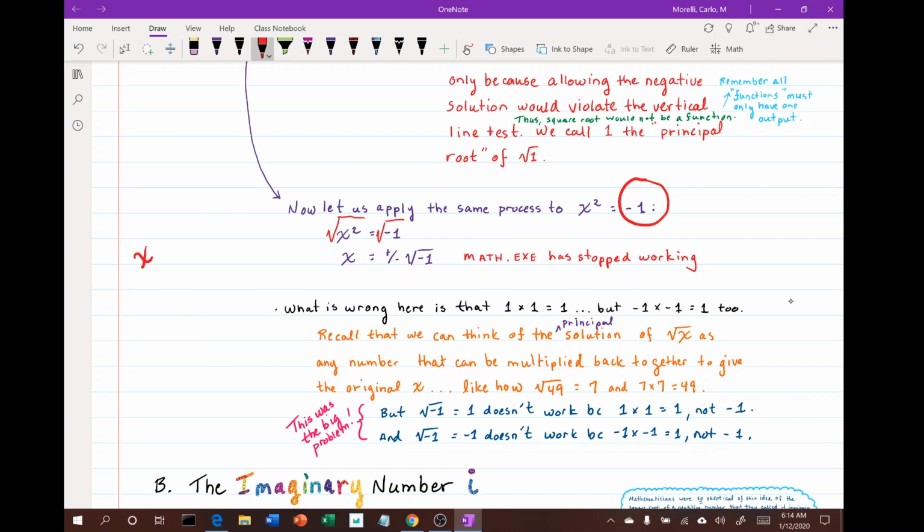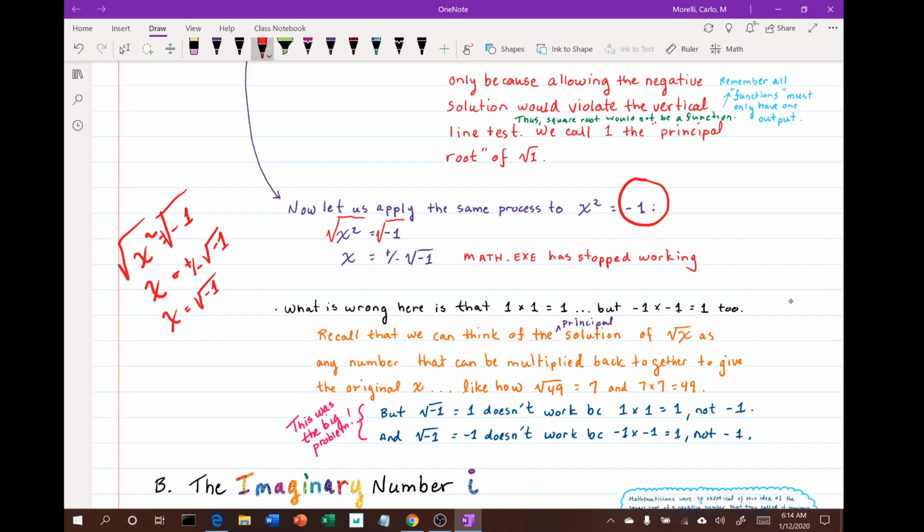We have x squared equals negative 1. We take the square root of both sides, and we get x equals plus or minus the square root of negative 1. So let's just restrict to the positive solution: x equals the square root of negative 1.